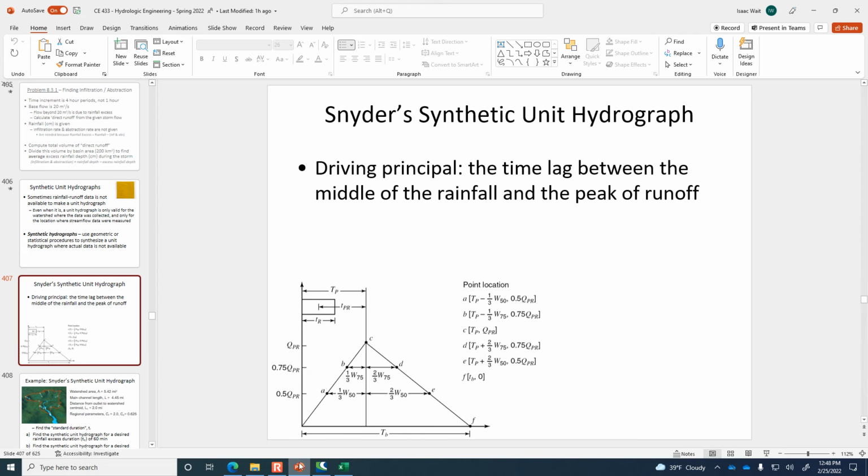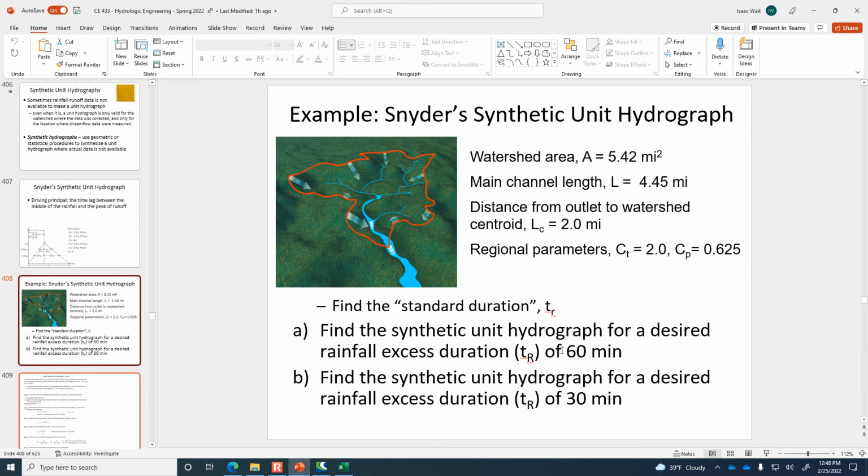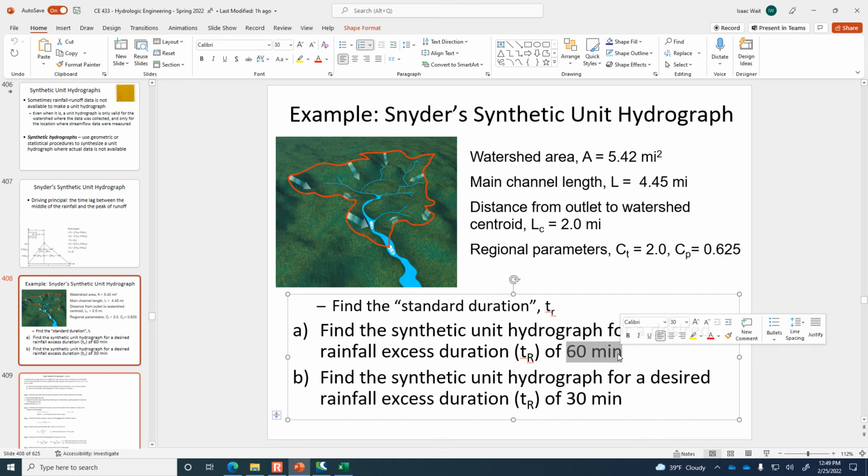The second part of it: in this example, the first storm that we were interested in had a 1-hour duration. But the nice thing about this synthetic approach is that not every storm is going to last 1 hour. So you can change the hydrograph that you determine by Snyder's method to match a different storm duration. If you had a storm of just 30 minutes, you can find out what the peak is going to be and how that would change.